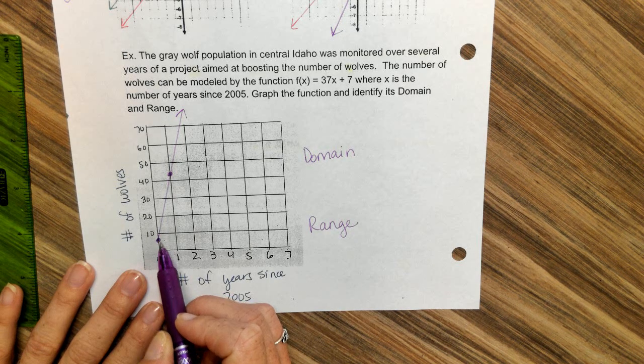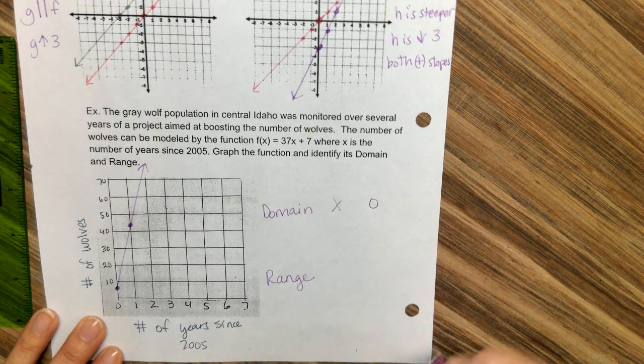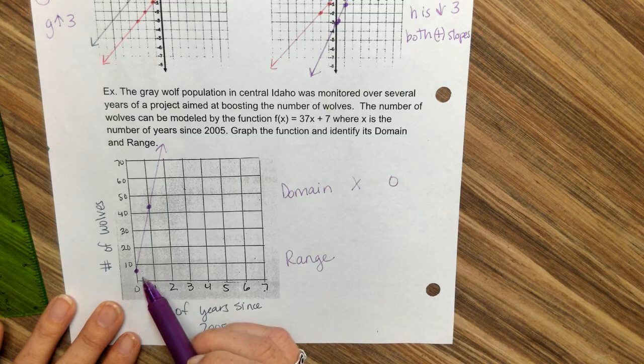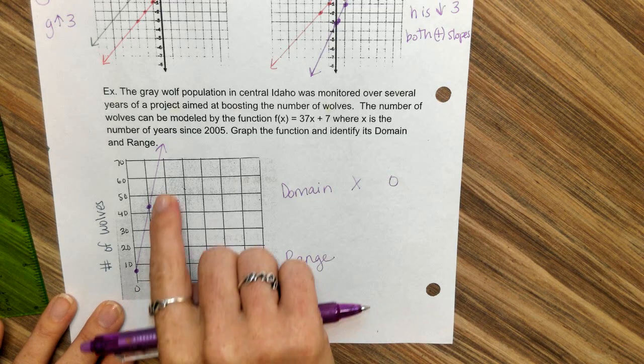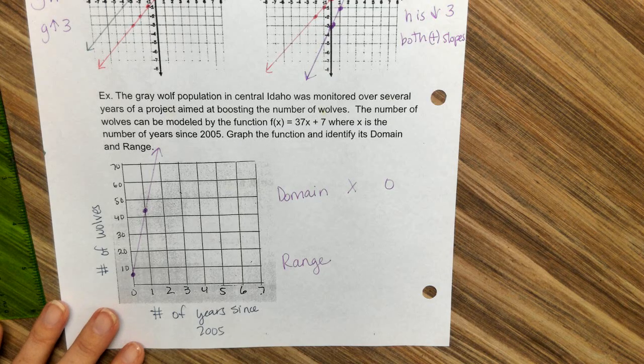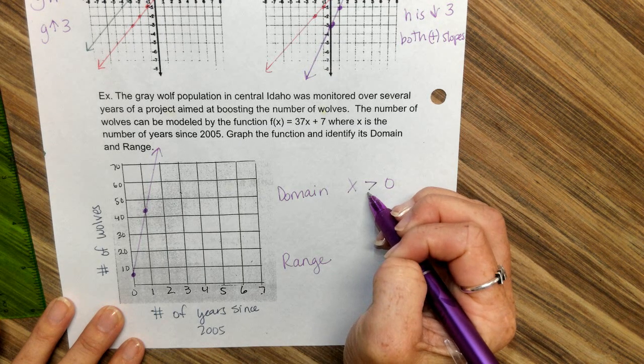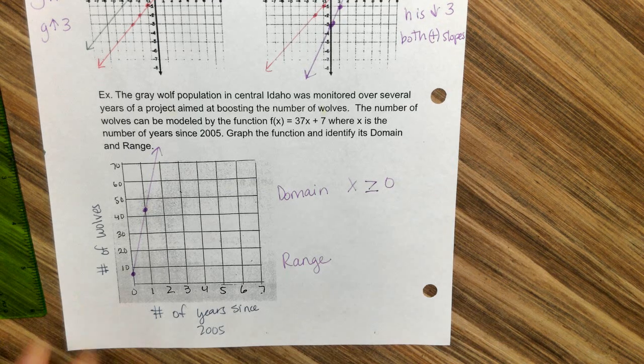Where am I at on the x-axis? So x is something to 0. All of the other ones are going to the right. What does that mean? Are they touching 0? Yes. So it's greater than or equal to 0.